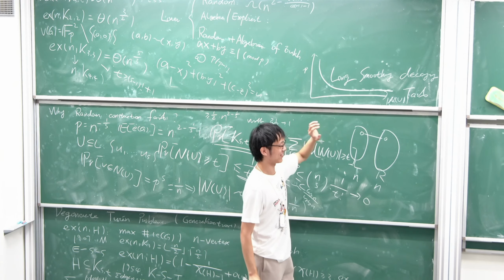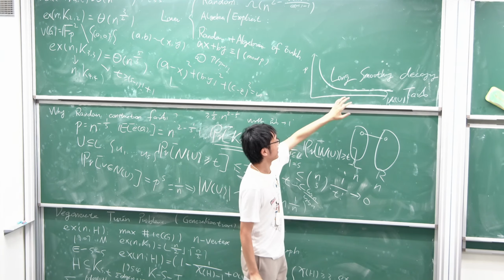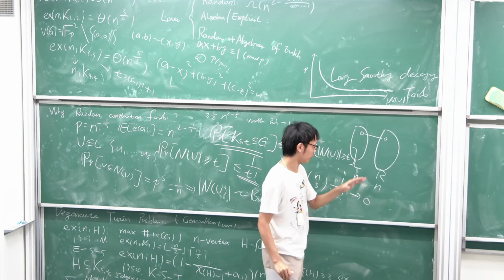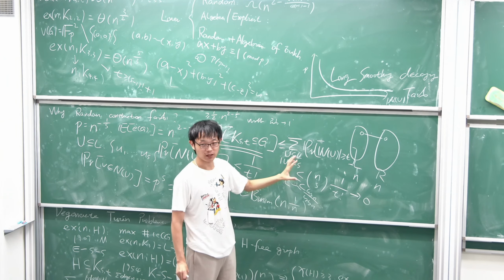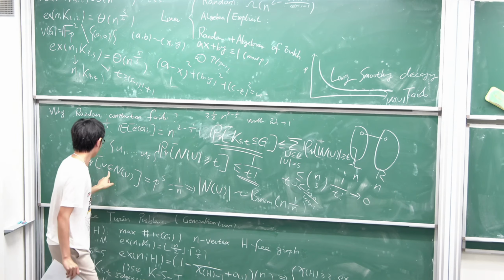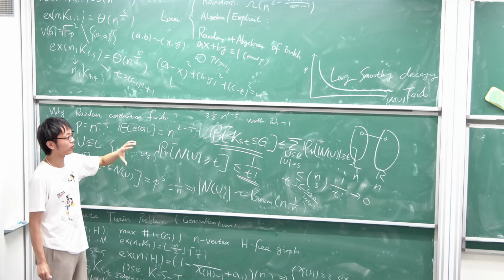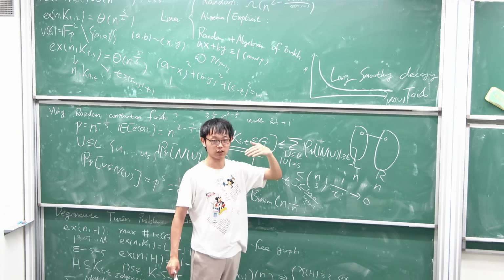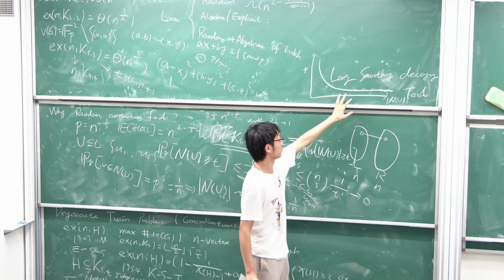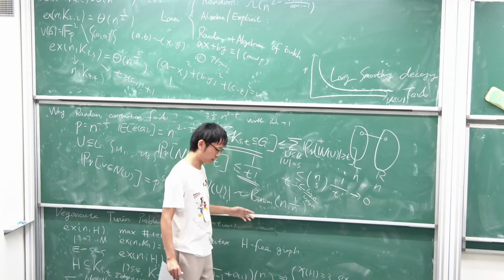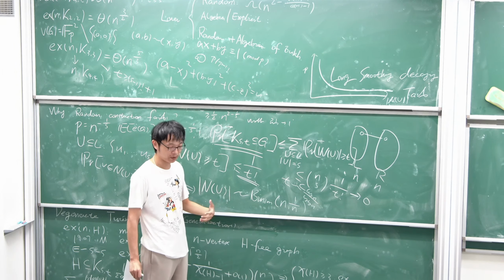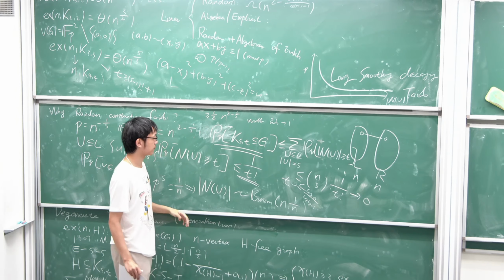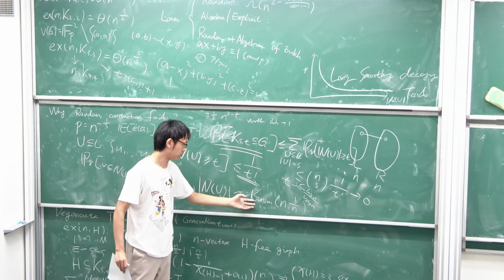I just want to give some feeling: the number of sets U such that the common neighbor count is large is very small. But the distribution is very smooth and has a long tail. So if we directly take a random graph, we cannot give better control of the tail when we use this, because the distribution is like this.